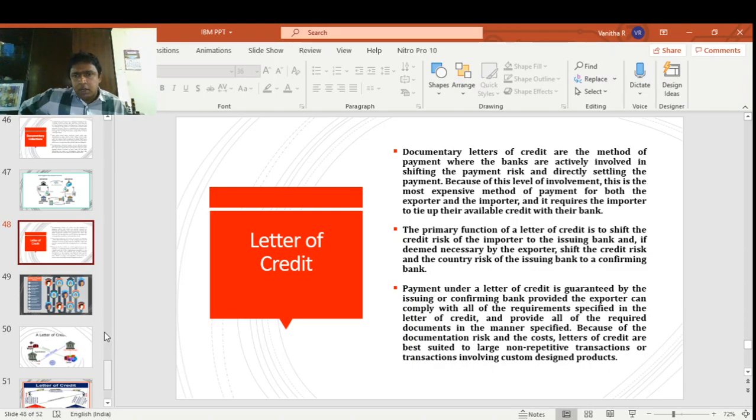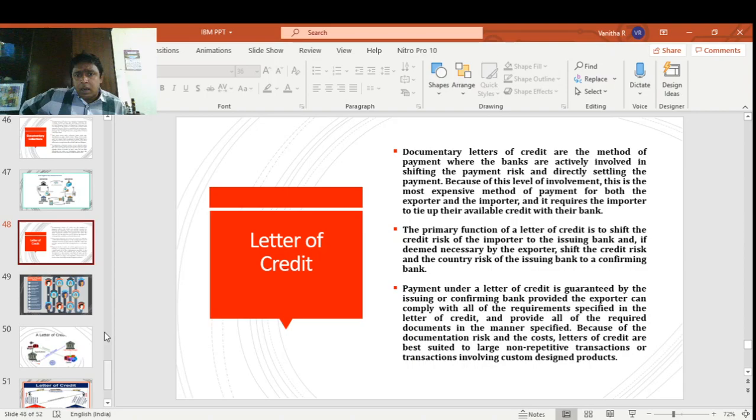The primary function of a letter of credit is to shift the credit risk of the importer to the issuing bank, and if deemed necessary by the exporter, shift the credit risk and country risk of the issuing bank to a confirming bank.